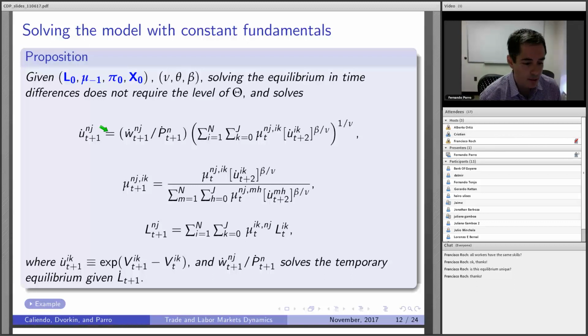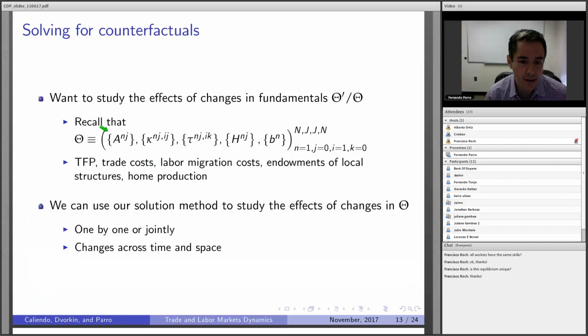So it says that to compute the model, we need to condition on initial allocations that are given by the data, and then by solving for the model in time differences, we are not going to need to identify any of the unobservable fundamentals contained in this set theta.